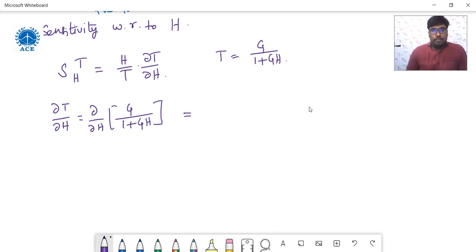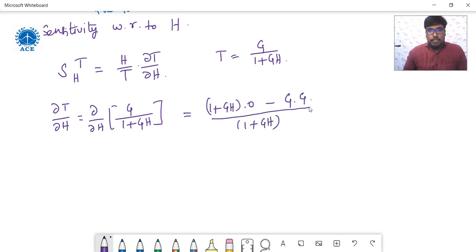Now U by V formula again. So this is nothing but 1 plus GH into 0, there is no term, right? Next one is G into H, so G, right, divided by V square, that is 1 plus GH whole square. Okay, minimize this one, so minus G square divided by 1 plus GH whole square, right?